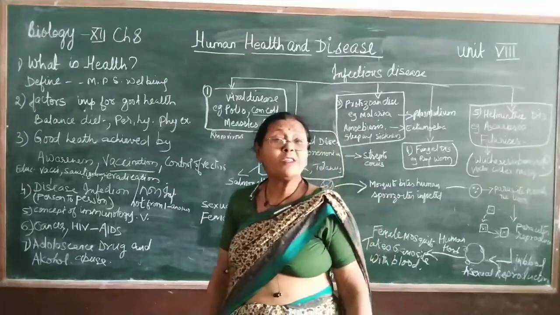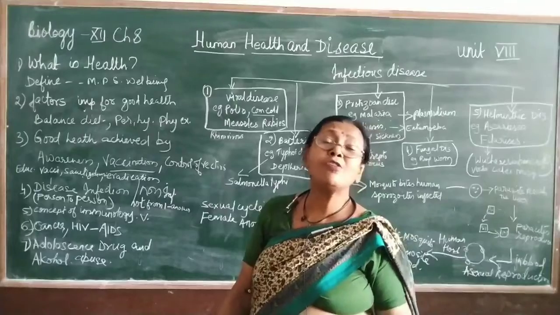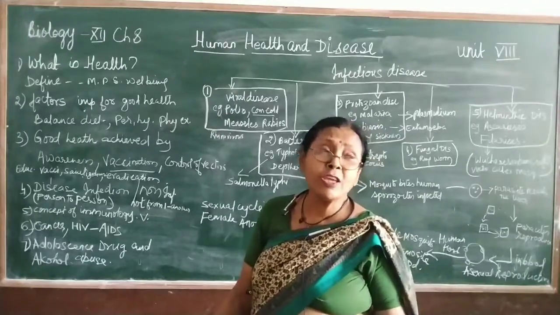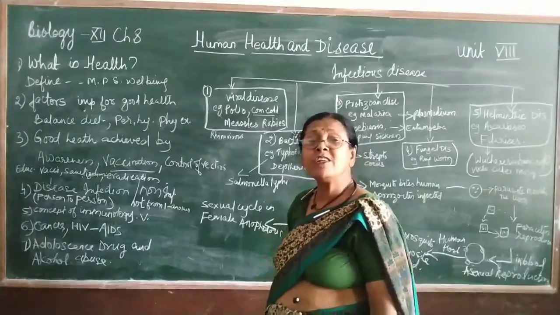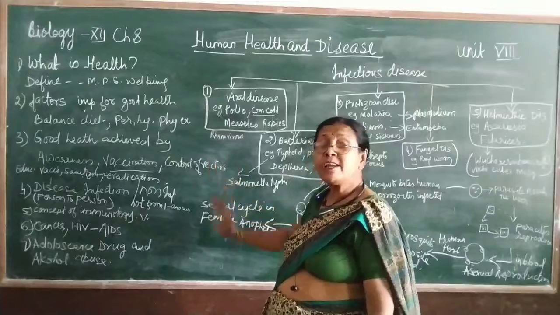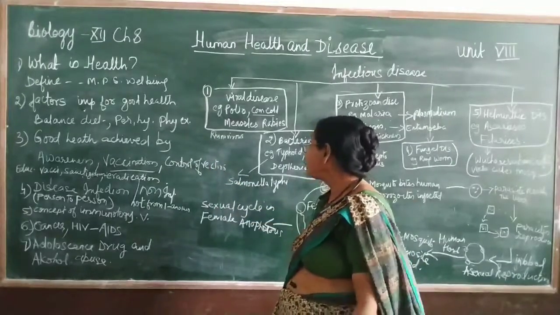So make it a point to vaccinate small children in your family or among your neighbors with the pulse polio drop, so that they get rid of this dreaded disease.